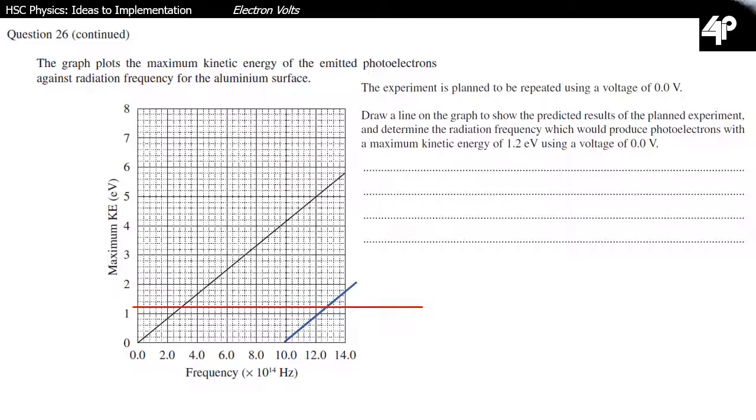Okay, and where that red line now hits my new line on the right there, I'm now going to drop down to the x-axis and read where it hits.